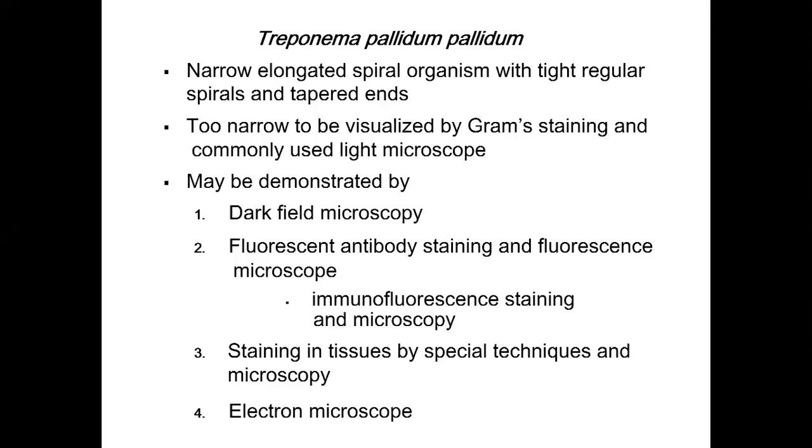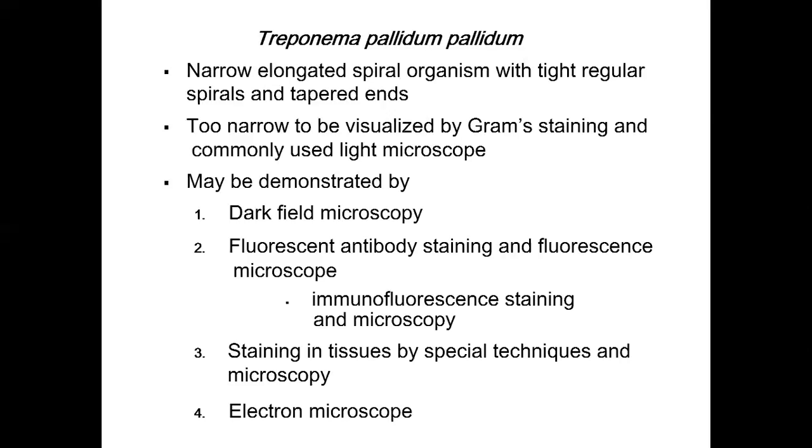Secondly, it can also be demonstrated using fluorescent antibody staining and a fluorescence microscope. That again is not commonly available, but where it is available, it is more specific with regard to other organisms, because it's based on an antigen-antibody reaction.